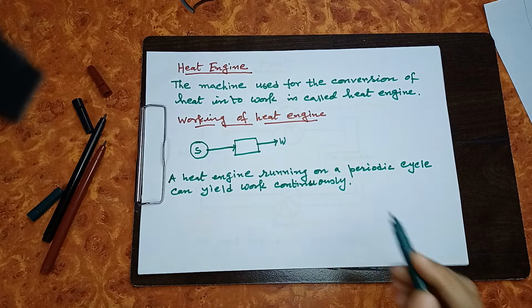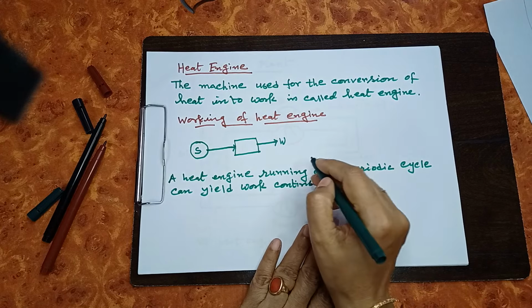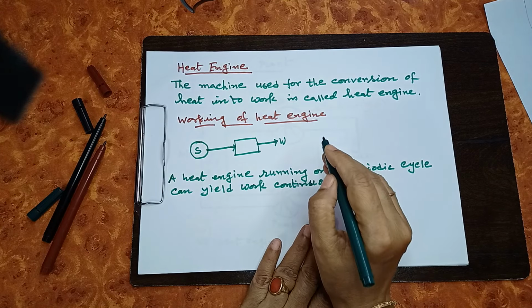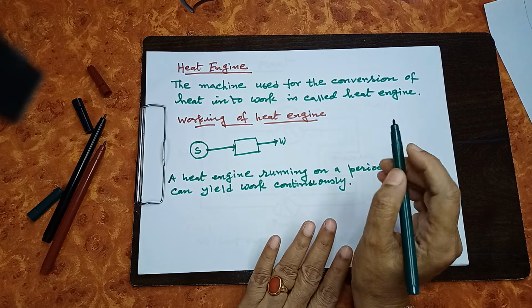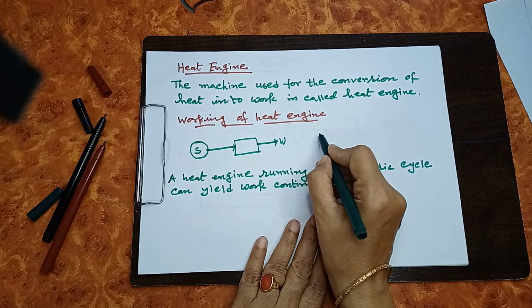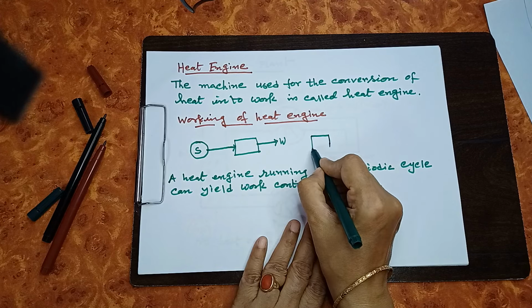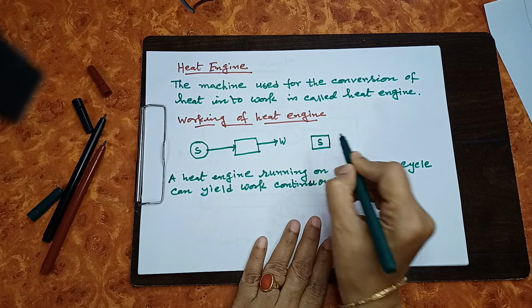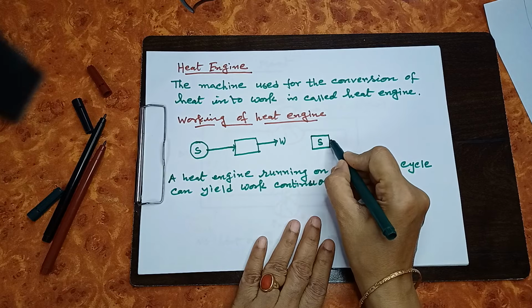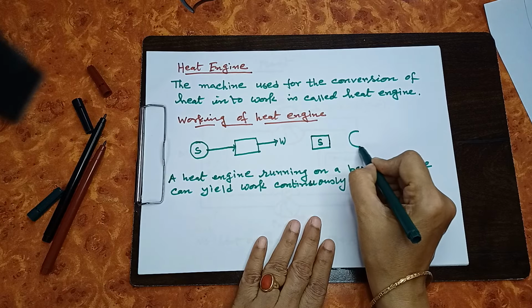Now, in Kelvin Planck's statement for the second law of thermodynamics, you have observed that the heat engine is like this: this is the high temperature source, and this is the engine.